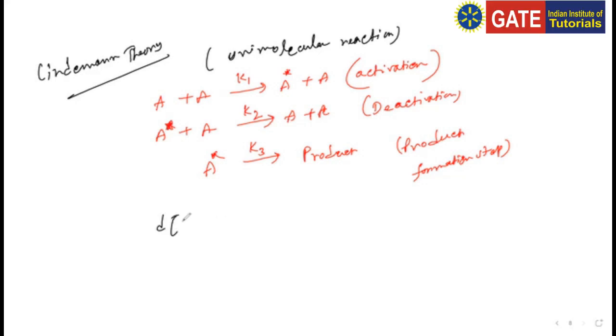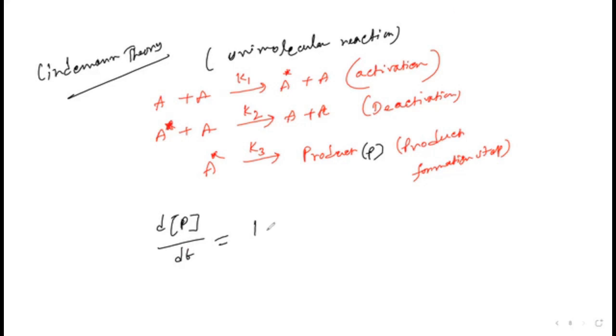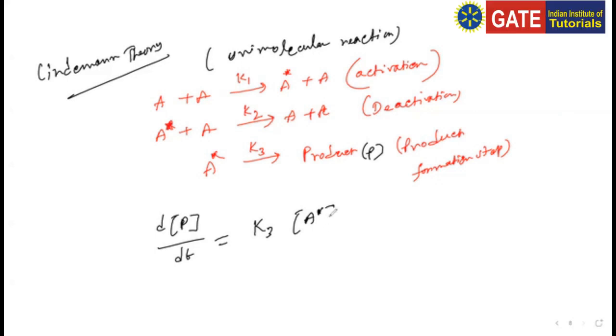Noting down this one. The rate of product formation, dP by dt, will always be K3 into the concentration of A star, according to the normal rate equation. What is A star?